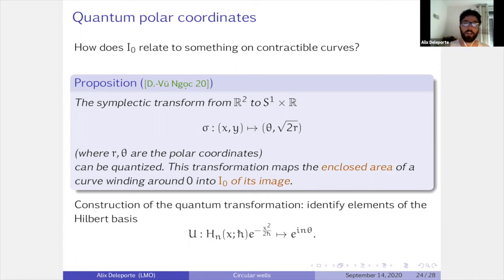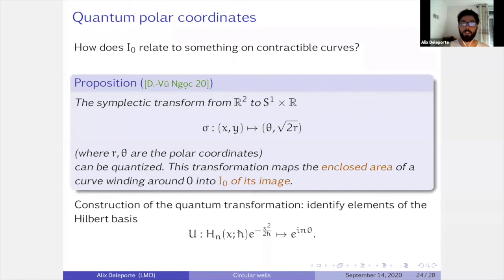In fact, the usual polar coordinates do not preserve the volume form, but you can make a change of variables on the radius variable so that it preserves the volume. These are symplectic polar coordinates. This symplectic change of variables from R2 to S1 times R can be quantized.